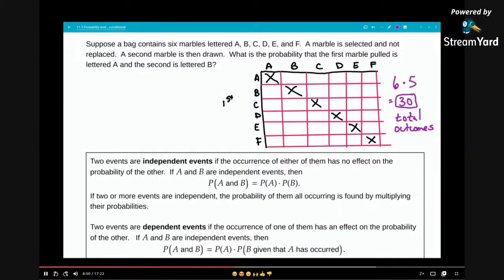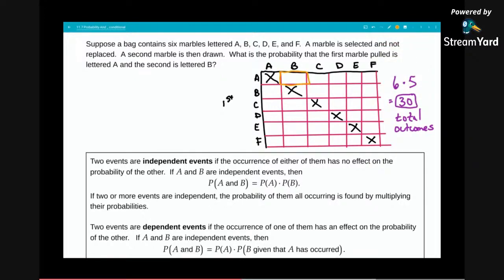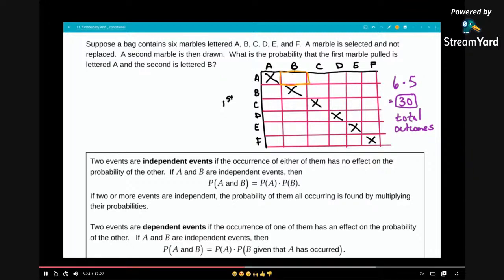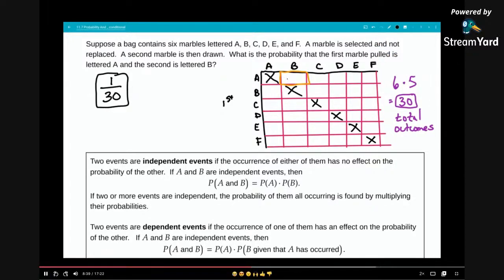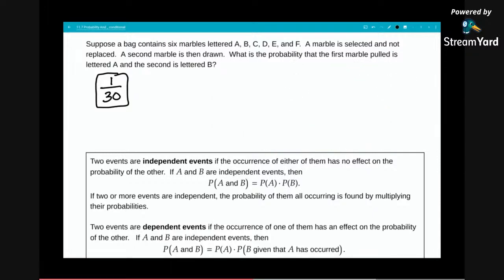So now we have 6 times 5, 30 total outcomes. And then I can quickly see in my sample space where the event of pulling an A then a B is, right there, 1 out of 30. So this is a little higher. This is more likely. And that makes sense, right?